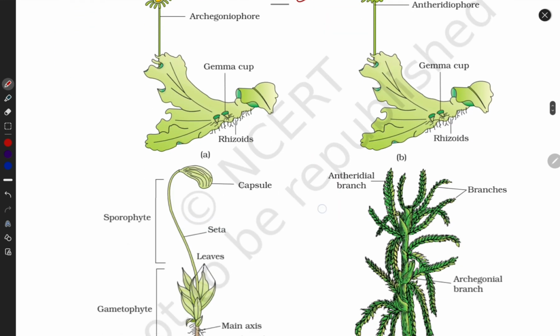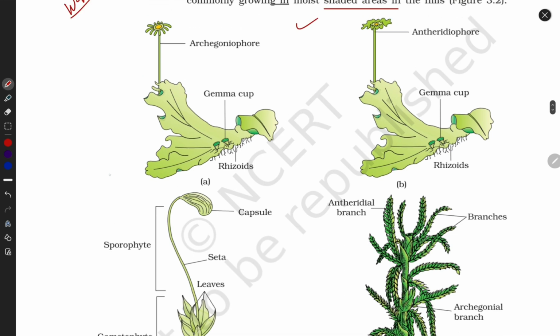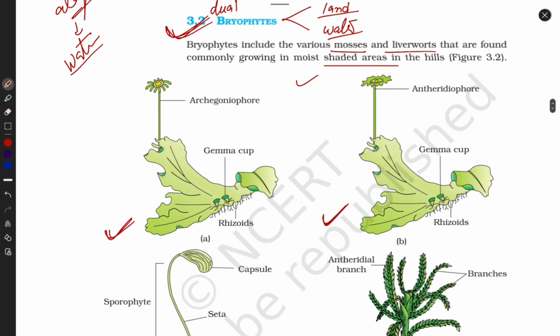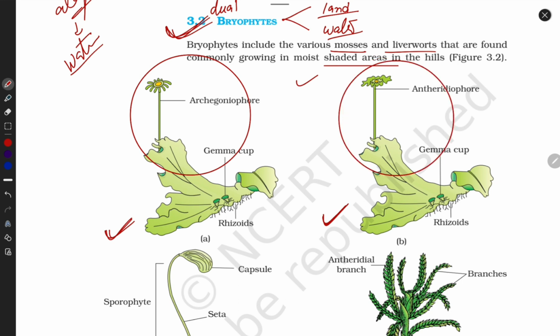Look here. This is the female bryophyte plant and this is the male bryophyte plant. What is the difference? Look here, the archegoniophore, and here, the antheridiophore. These are the major differences between female and male.